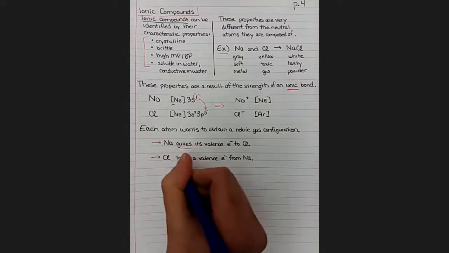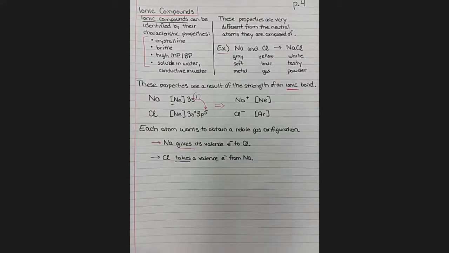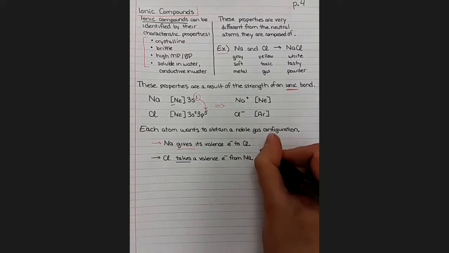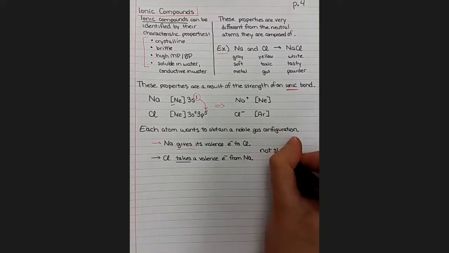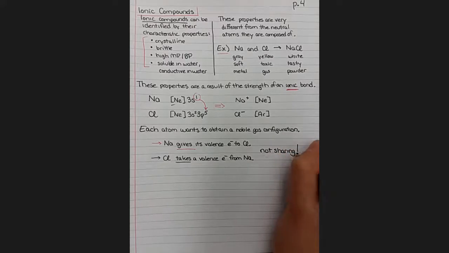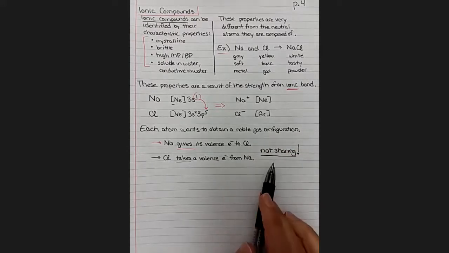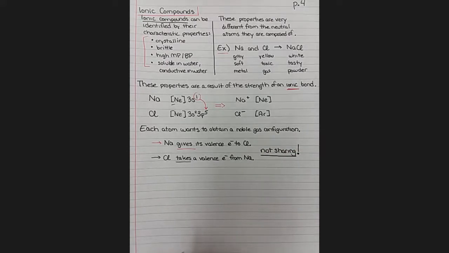And I don't know about you, but when I start to use words like giving and taking, I do not think this counts as sharing. These are not words I would use to describe sharing. And I would like to emphasize that here, because the next type of bonding we'll talk about does involve sharing. So ionic bonding most definitely is not sharing.